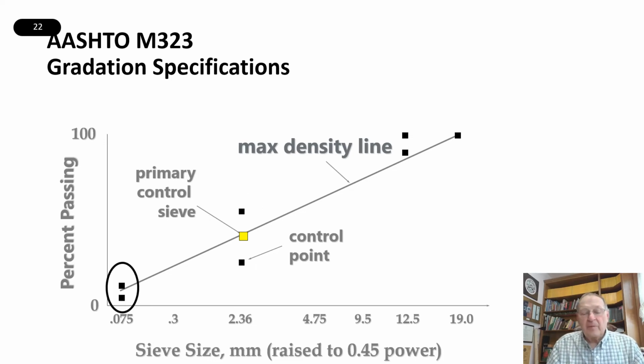The next thing that we'll look at in the gradation specifications is the percent passing the 0.075 millimeter sieve, or the number 200 sieve. So there's a narrow range, and there's just a minimum and a maximum. Basically, the control on this is if we have too much dust, it will suck up the asphalt binder and turn the mix kind of gooey and dry.